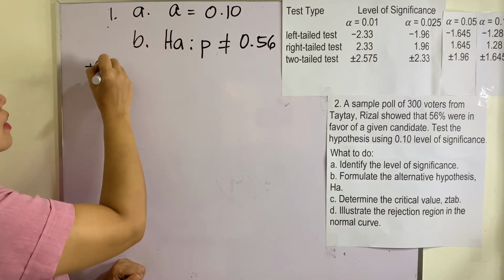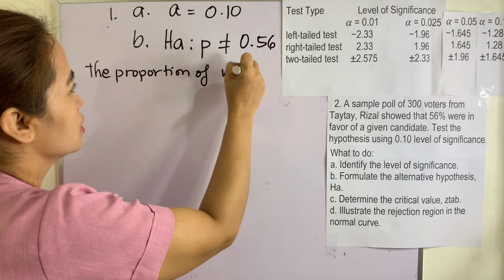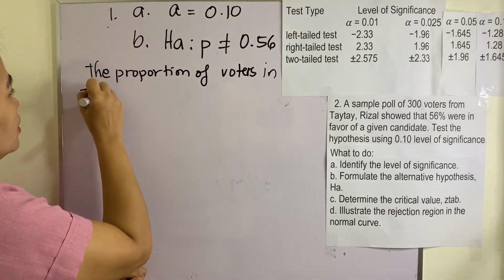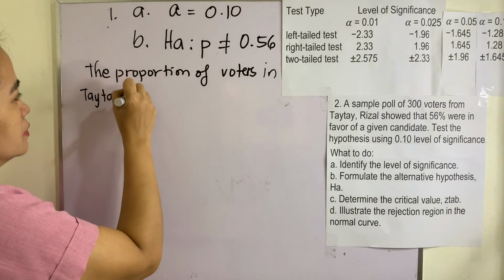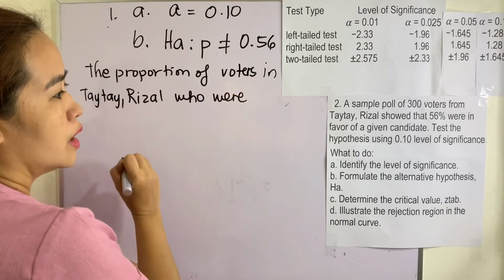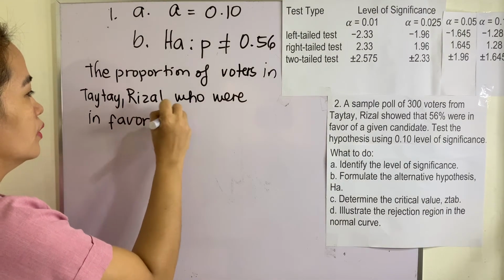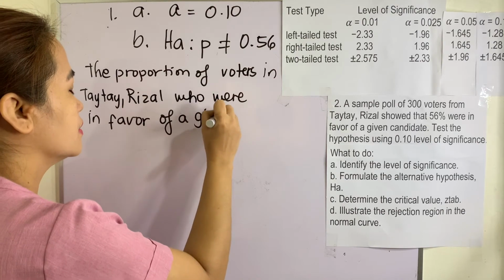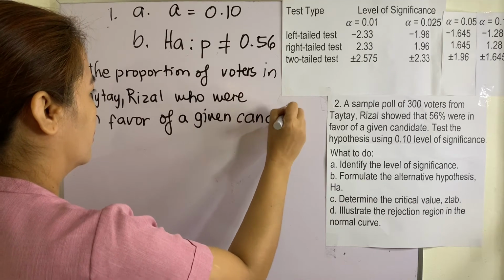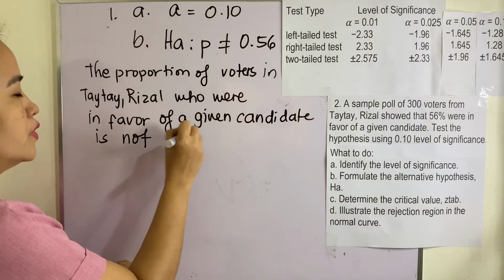In words, we can say that the proportion of voters in Taytay Rizal who were in favor of a given candidate is not 56%.